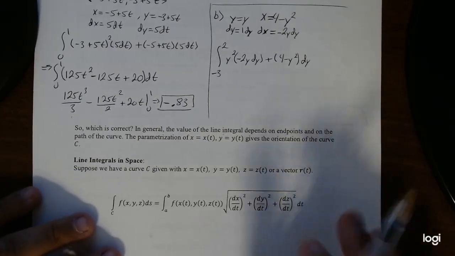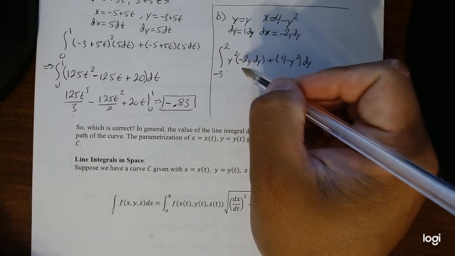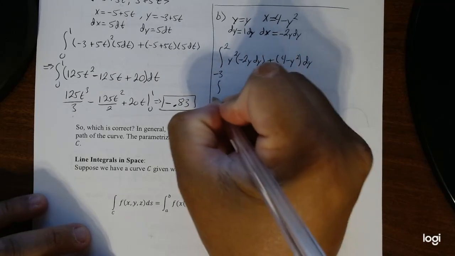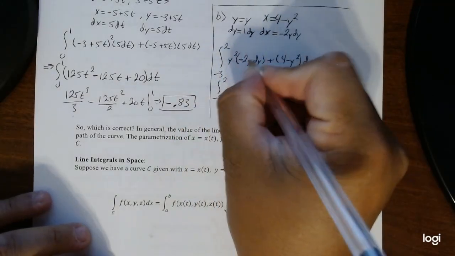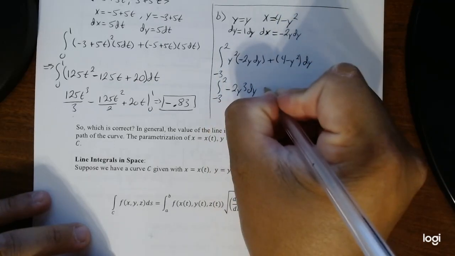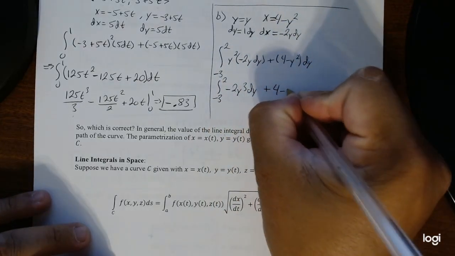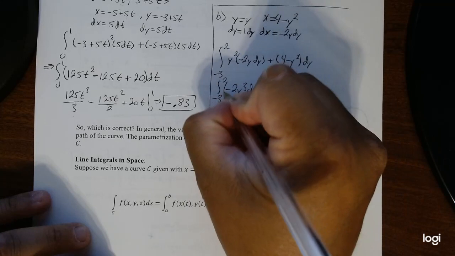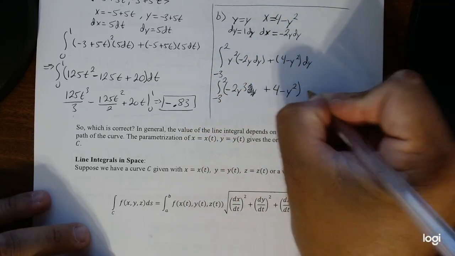Okay, so simplifying this a little bit, this becomes the integral from -3 to 2. Distribute this, using -2y to the third dy, plus this just itself. I'll put this on the outside, dy.